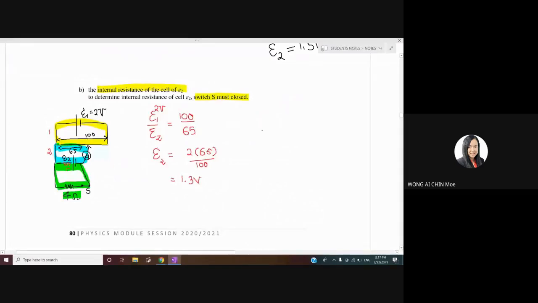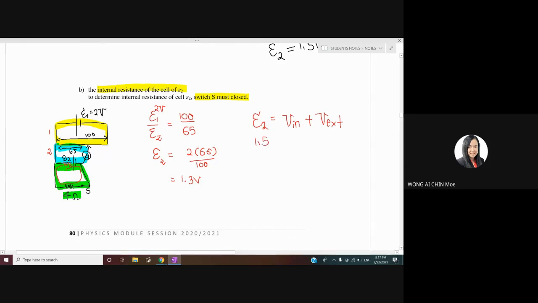When the circuit is complete, the current will flow through the internal resistor. So just now 1.5, our EMF E2 is actually equal to V internal plus V external.